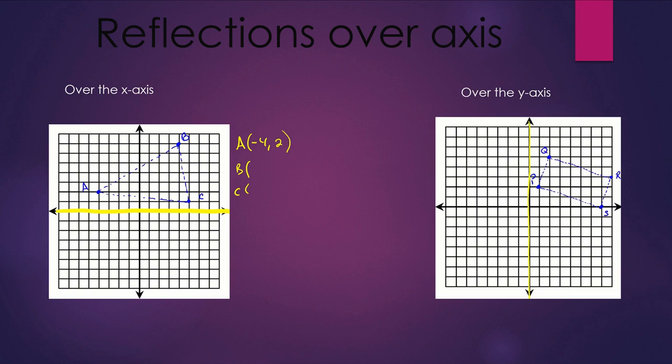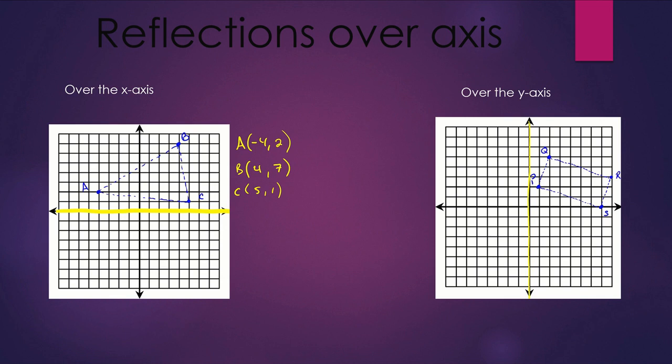And then the location of B is at 1, 2, 3, 4, comma, 2, 3, 4, 5, 6, 7. C is at 5, comma, 1.